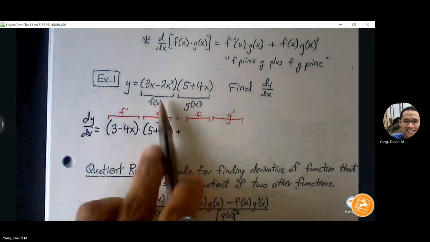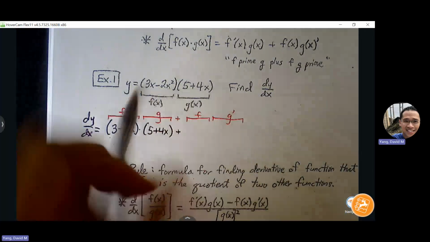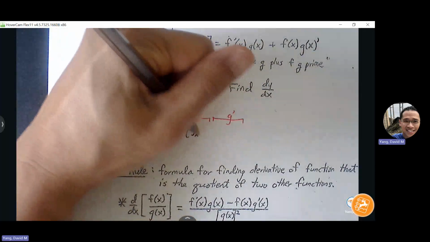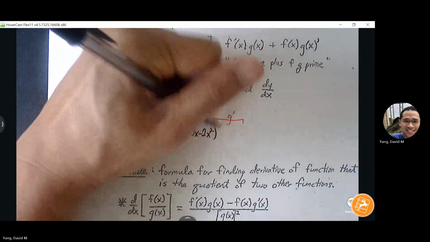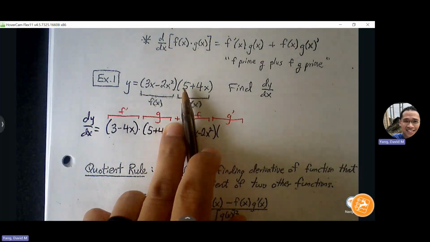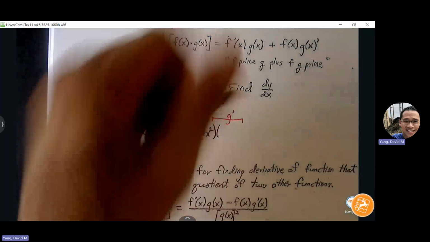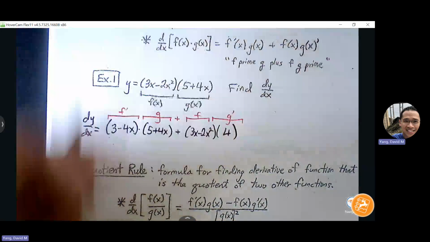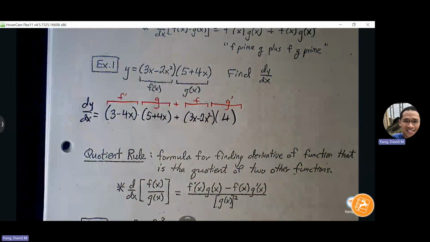Back to f. Yeah, the original expression here. G prime. Good. 5 goes away to a 0. 4x becomes 4. So this is my derivative. I could do power rule. We did power rule.